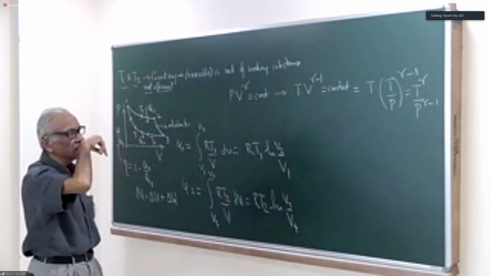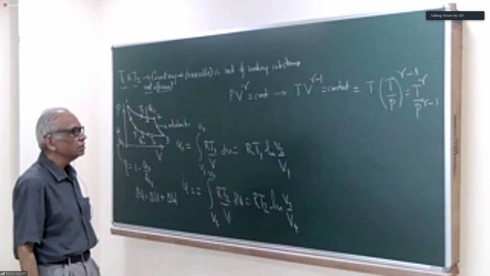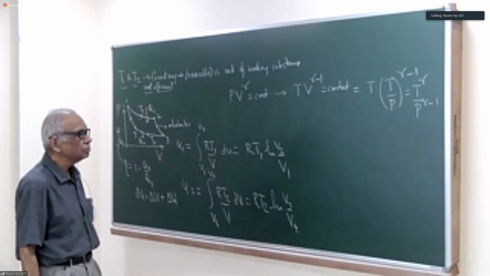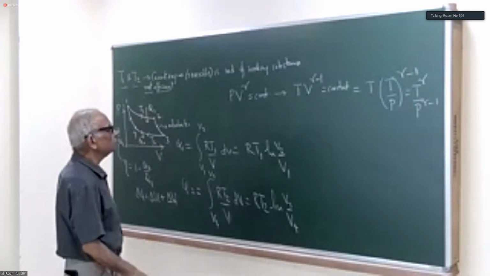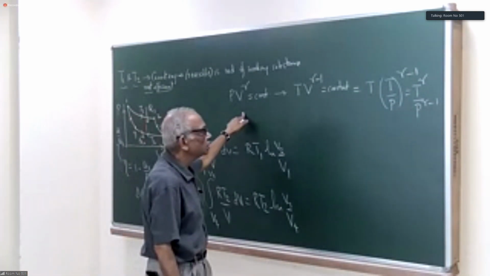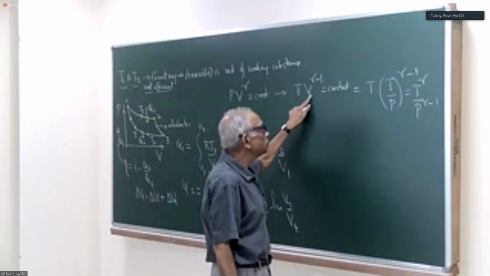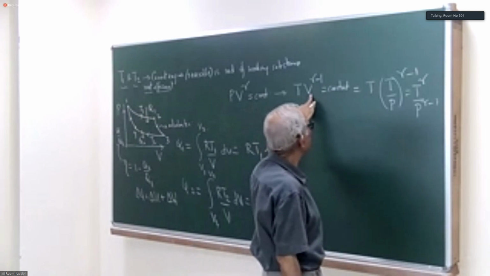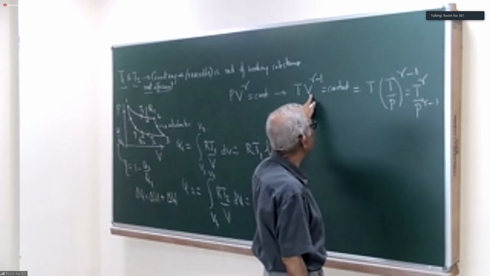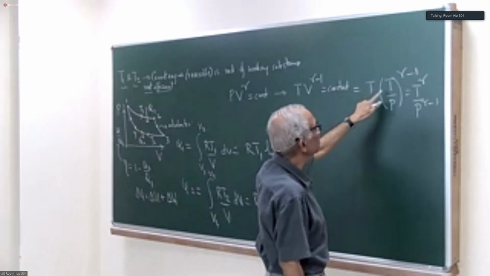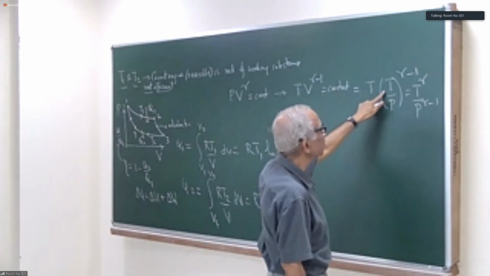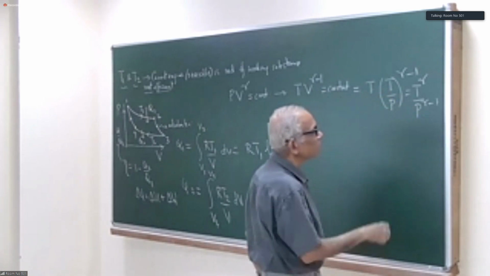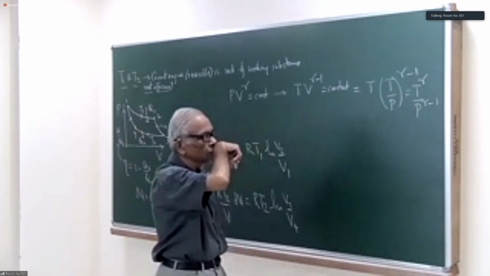So that's another way of writing it, that T to the power gamma, so it is PV to the power gamma constant, T times V to the power gamma minus 1 constant, or in terms of temperature and pressure, it is T to the power gamma divided by P to the power gamma minus 1.